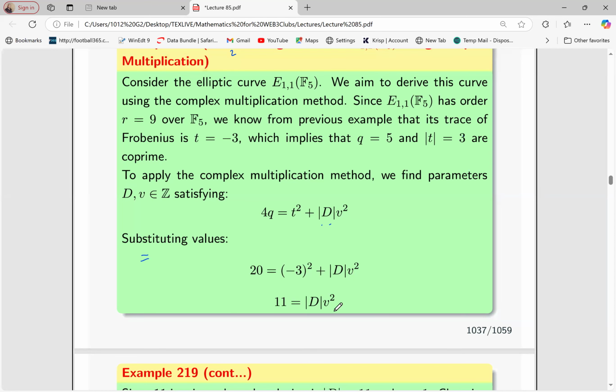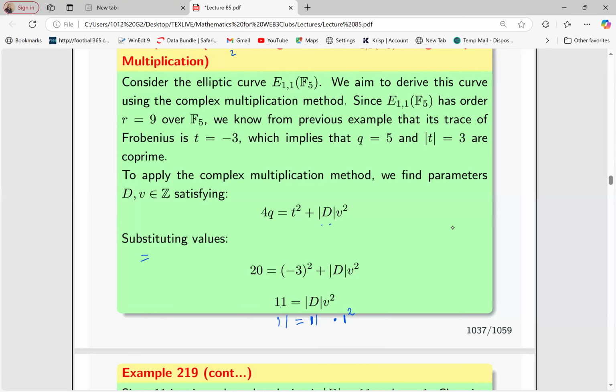Of course, one thing I realize is that 11 is prime. So the only possibility is that I can have D to be 11. And if D is 11, then V square will be 1. That is one possibility.